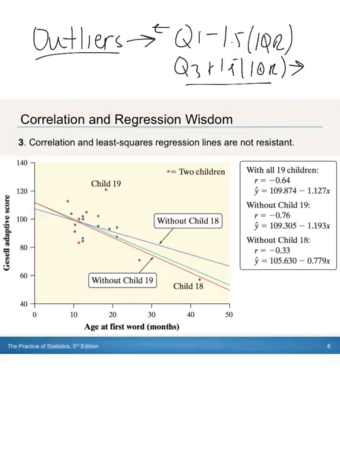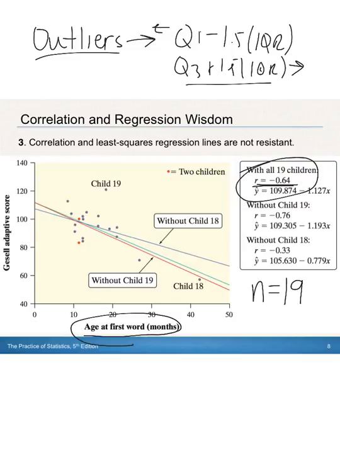So this particular graph that we're looking at talks about the age of first word in months and this adaptive scale. There's a correlation with all 19 kids. Remember, n stands for the number of individuals in a sample. And with all 19 kids, we have an R of negative 0.64.